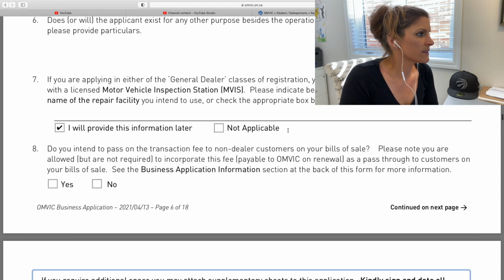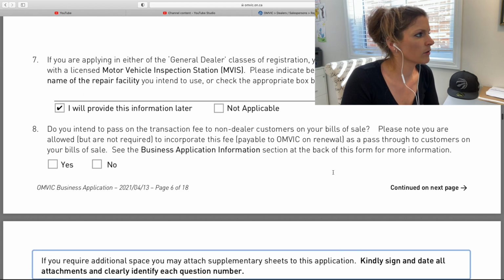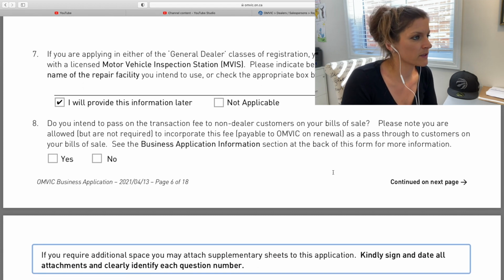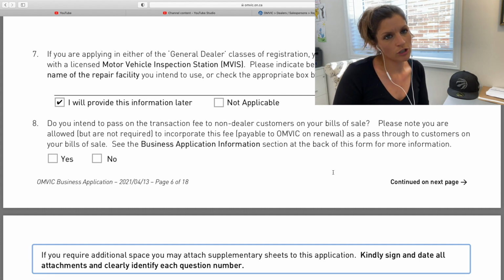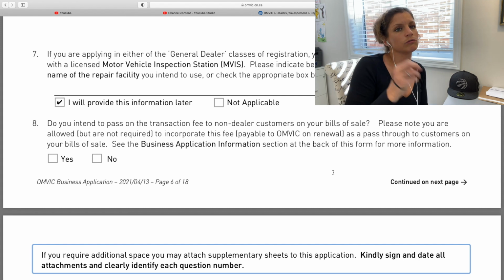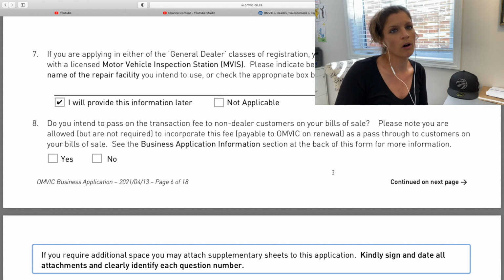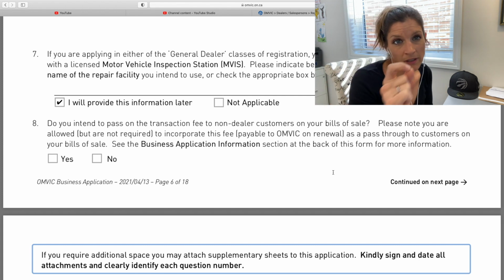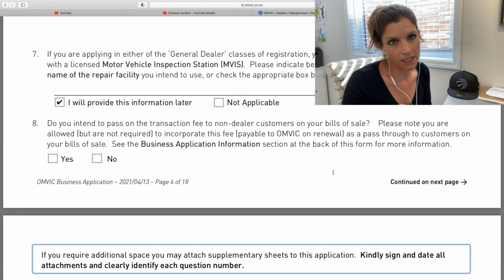Do you intend to pass on the transaction fee to a non-dealer customer on your bill of sale? Please note you are allowed but not required to incorporate this fee. For every car that you sell, you have to remit $10 to OMVIC, and you can, if you want, put on your bill of sale, OMVIC fee, $10.